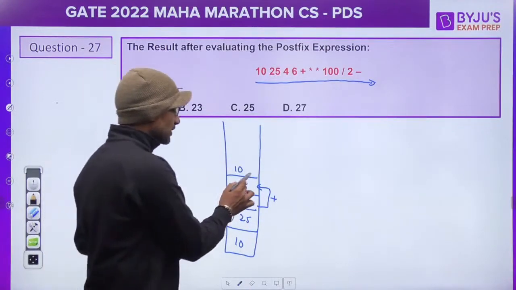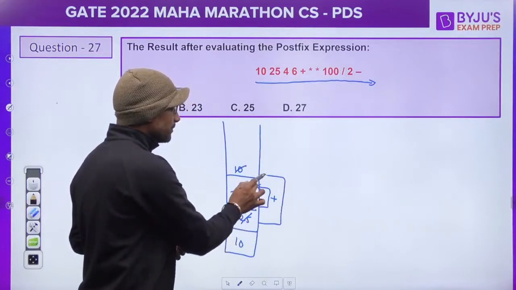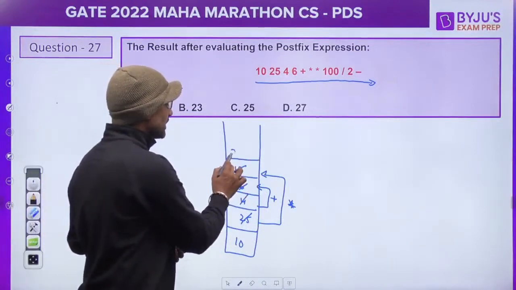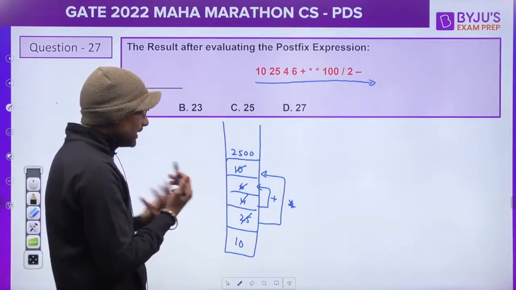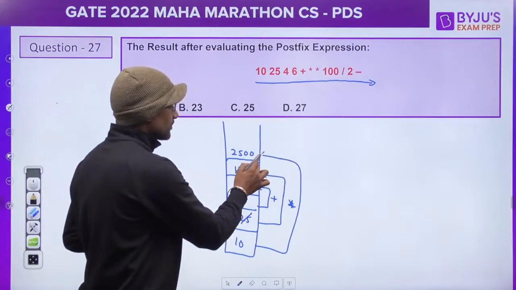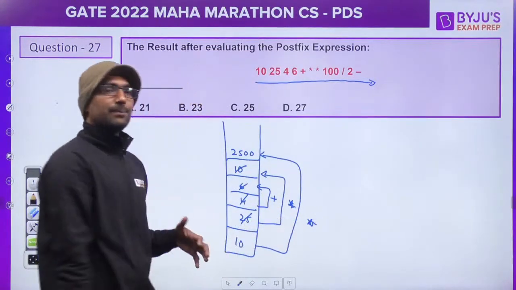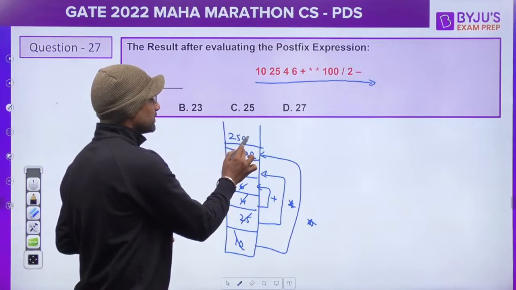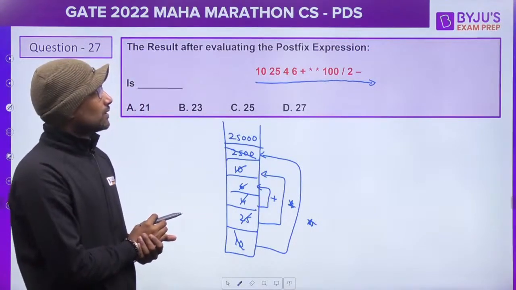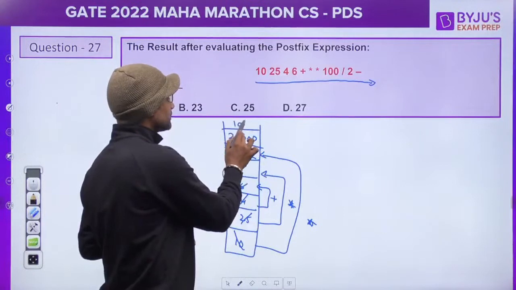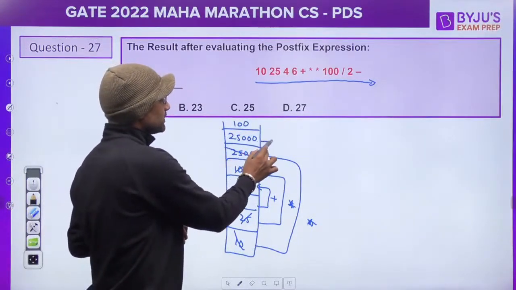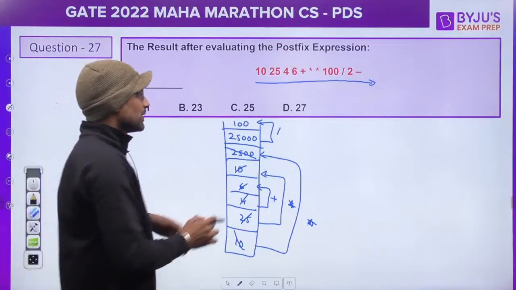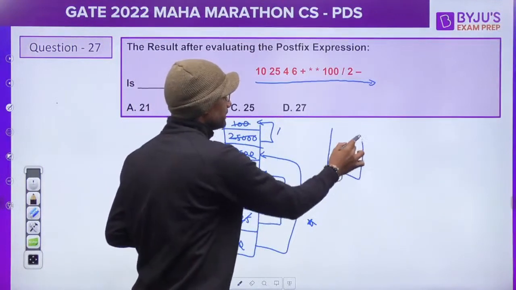Then we have multiplication. So pop 10, pop 25, do 25 into 10, 250, push back. Then again I have multiplication. So pop 250, pop 10, perform multiplication. Now 2500, push. Now division. So what do we do? 25,000 divided by 100 would be 250.